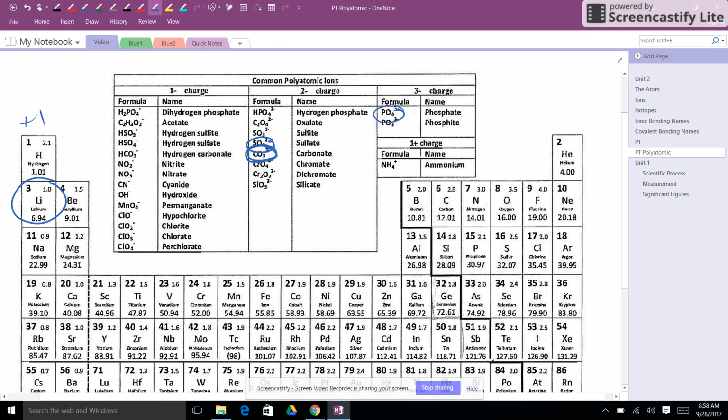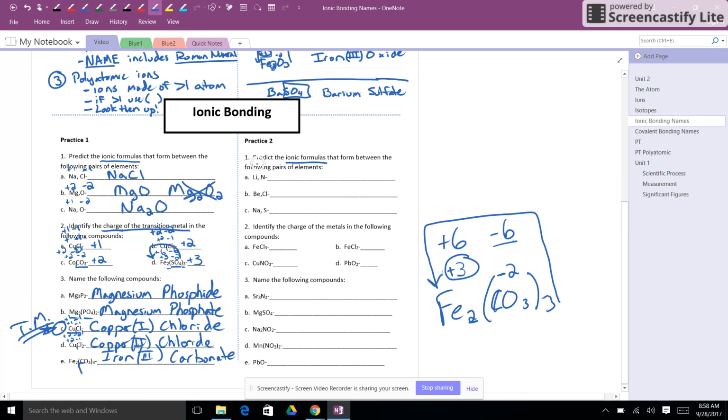The alkaline metals like to lose 1 electron, and nitrogen is in group 5A here, which like to gain 3 electrons each. So this would be a -3. So lithium is a +1, nitrogen a -3. So the way to balance out these charges would be to have 3 lithiums and 1 nitrogen in the compound.